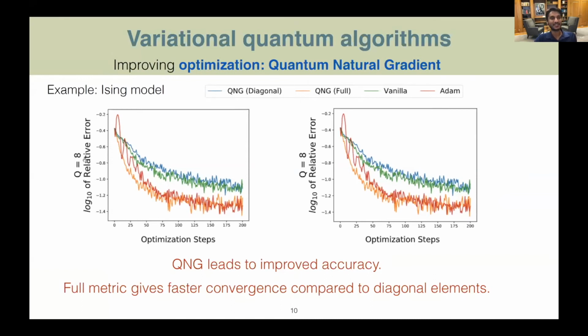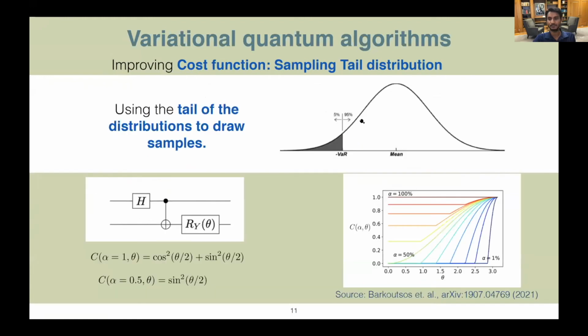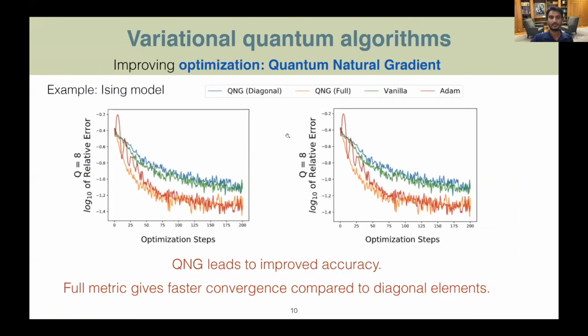This is an 8-qubit Ising model that we are looking at, with relative error, and on the x-axis the optimization steps. The vanilla gradient descent method is shown in green right here.